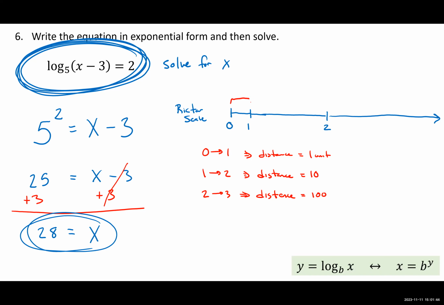If we call this 1 unit, then the distance between the 2 and the 3 is 100 units. And the distance between the 3 and the 4 is then 1,000 units, and so on. So it's this non-linear scale of measurement.